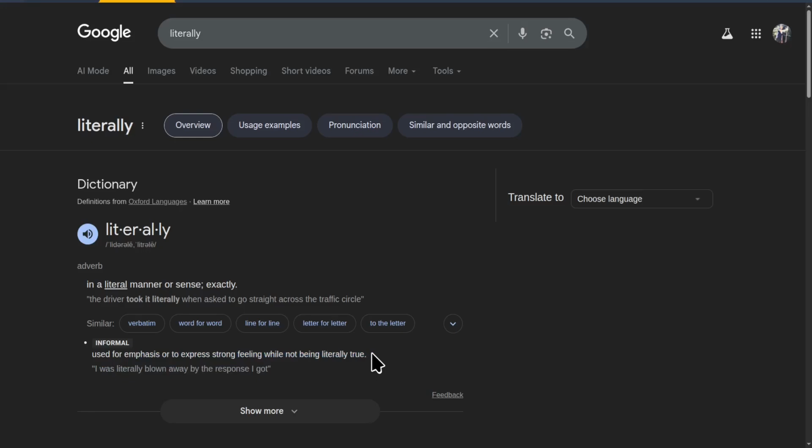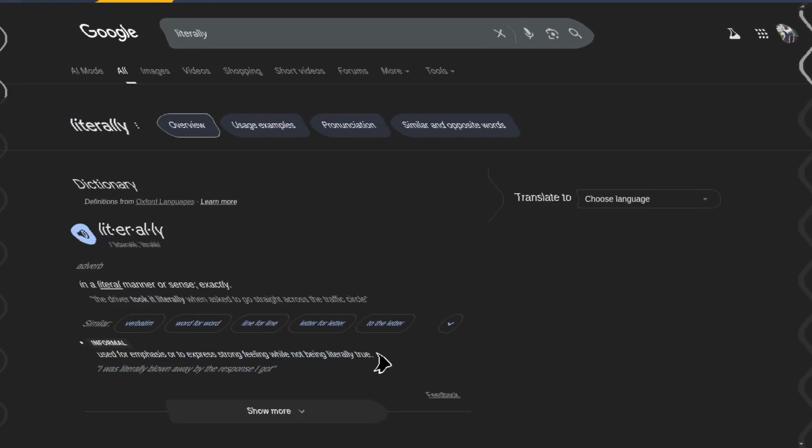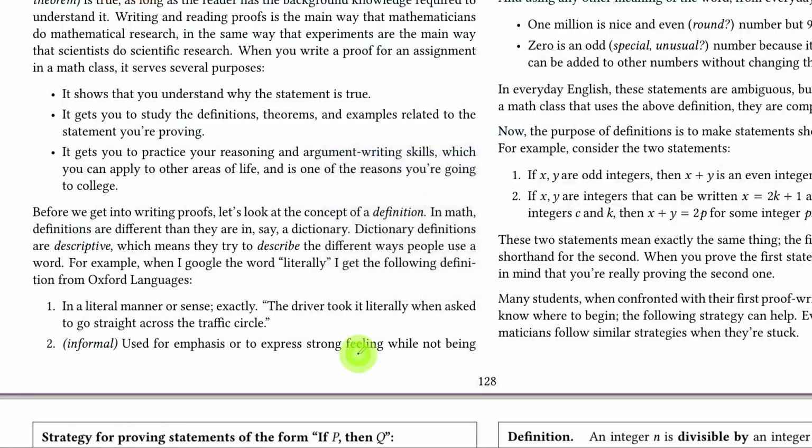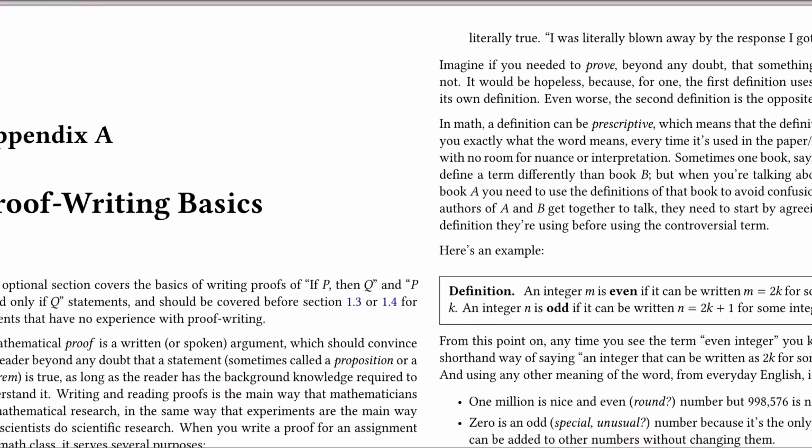So this is a problem for people using the English language if you wanted to prove something beyond a reasonable doubt or beyond any doubt about the word literally, if something was literal or not. Because which version do you mean? Do you mean literally or not literally? So this is a problem for philosophers, for example.